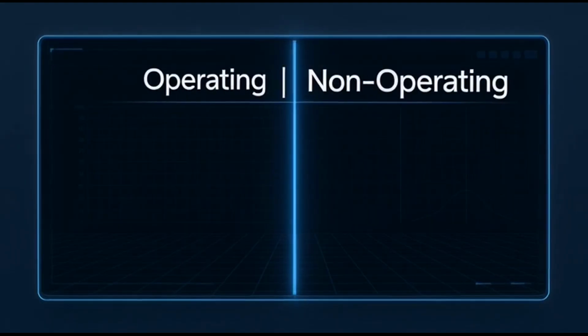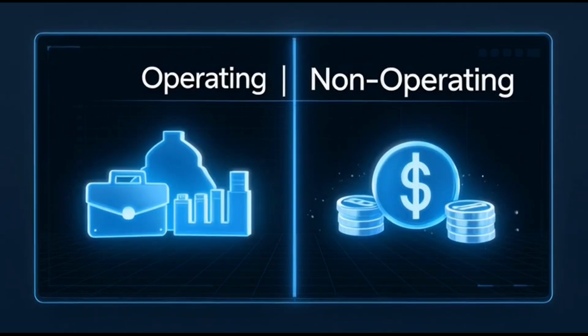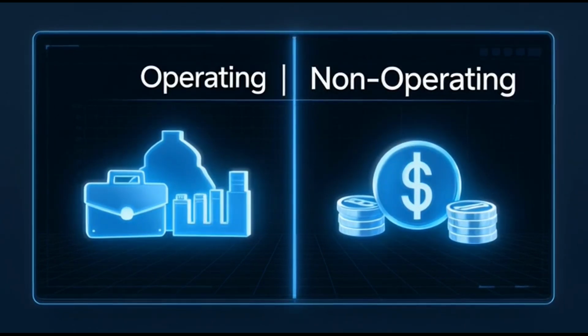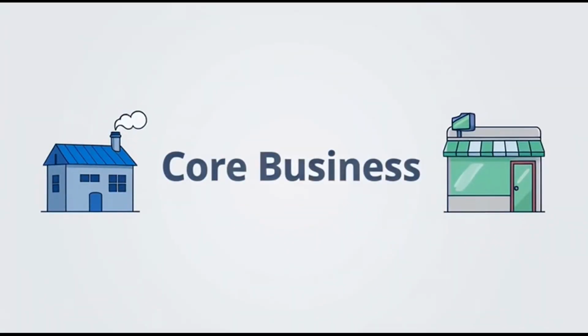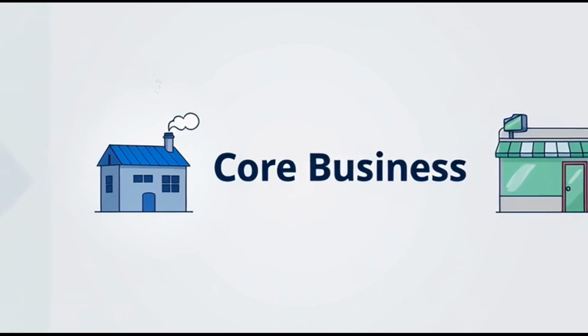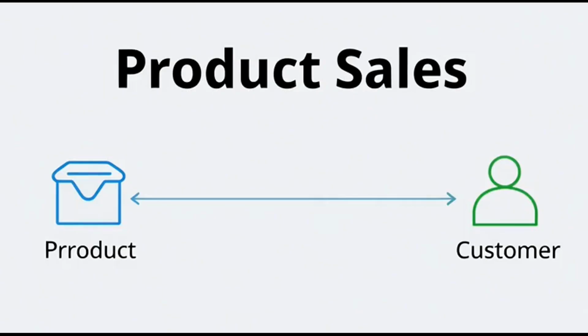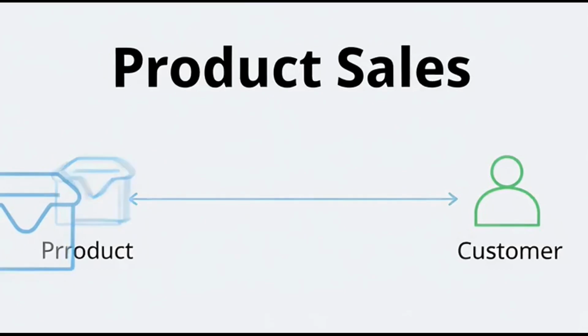Revenue can be classified into operating and non-operating. Operating revenue comes from core business activities. For example, selling products.